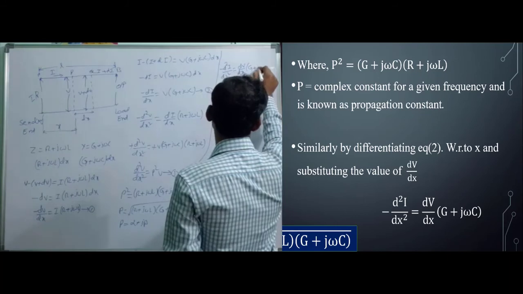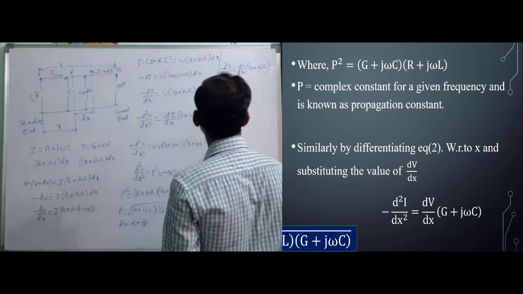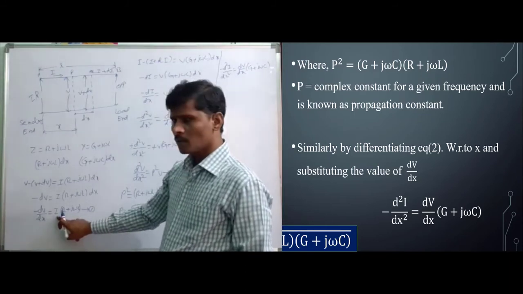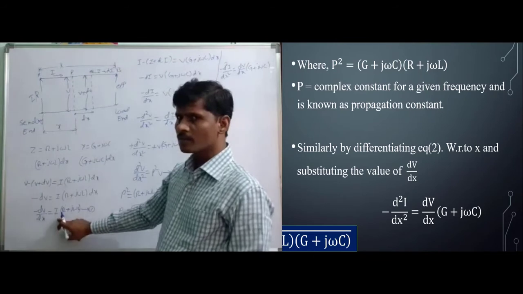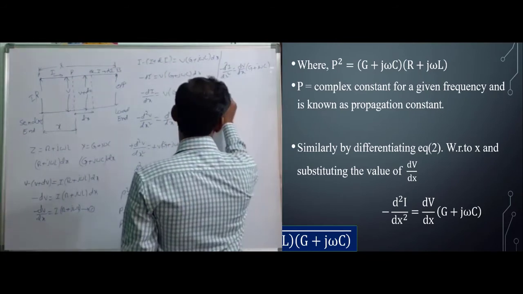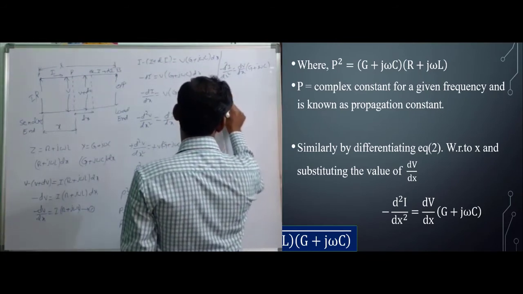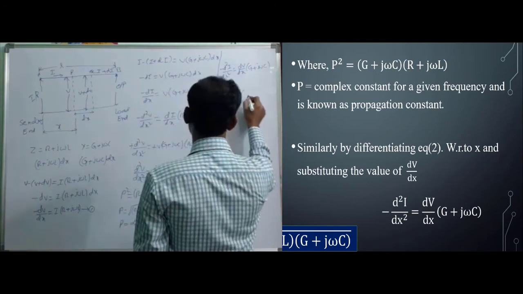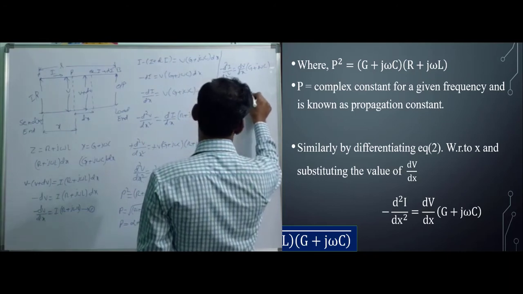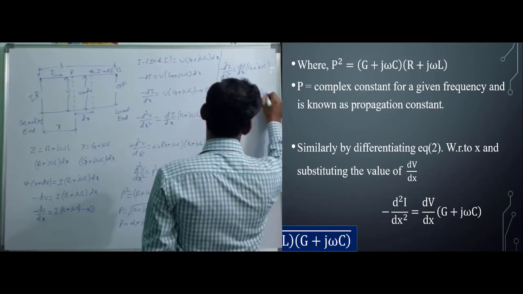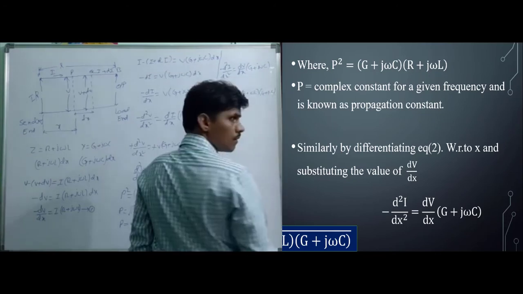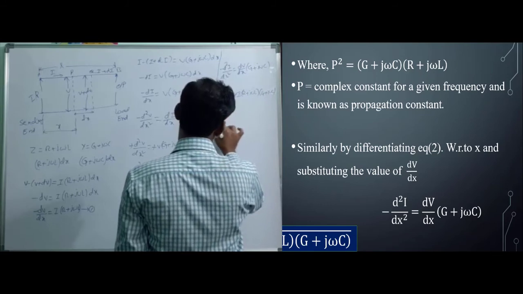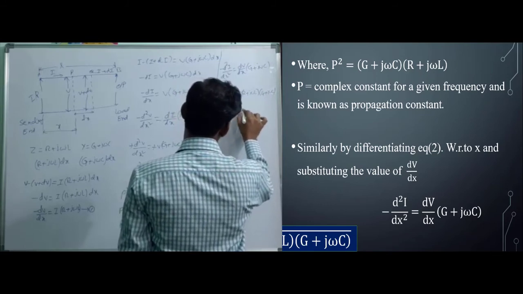But from equation 1, the value of dV by dx is minus I into (R plus j omega L). Substitute this value here: minus d square I by dx square is equal to minus I into (R plus j omega L) into (G plus j omega C). On both sides, the negative sign is cancelled. We get d square I by dx square is equal to P square I.